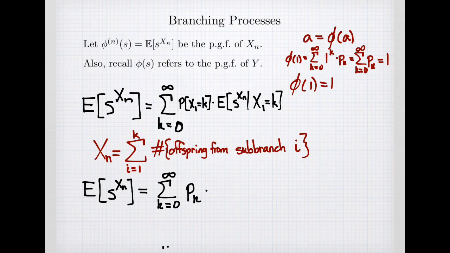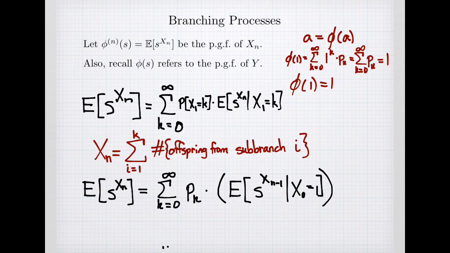And so I can write the expected value of s to the branch, I wish I had a way of some notation, but what it's really going to be is equivalent in distribution to s to the xn minus 1 if I had started at generation 0 with 1, and I multiply those.